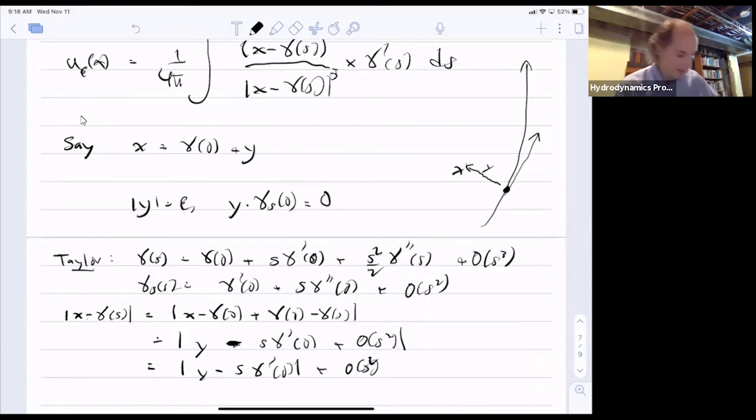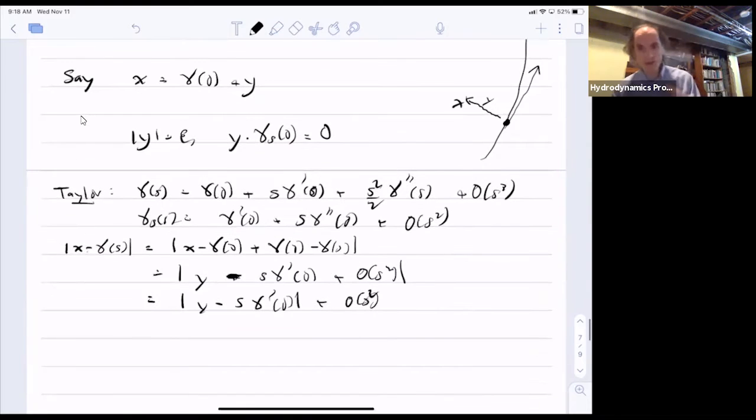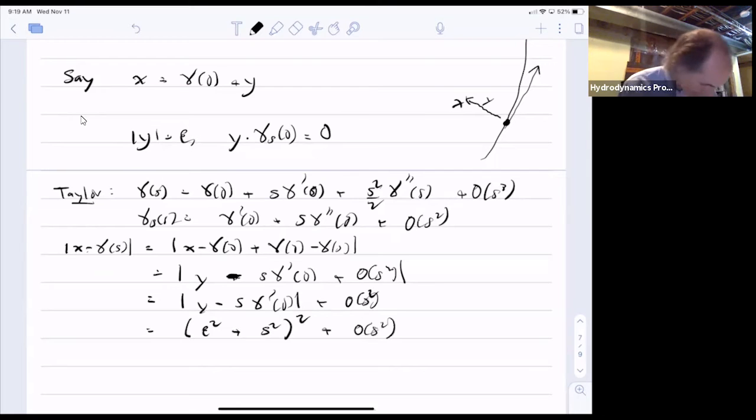Okay, right? And if I look at the Euclidean norm of this y minus s gamma prime of 0, well, these vectors are orthogonal. So if I square both sides, I get y squared, I get a dot product, which is 0 by assumption, and then I get s squared gamma prime squared. And y squared is epsilon squared, and gamma prime has norm 1. So this is an equality, and that's 1/2.